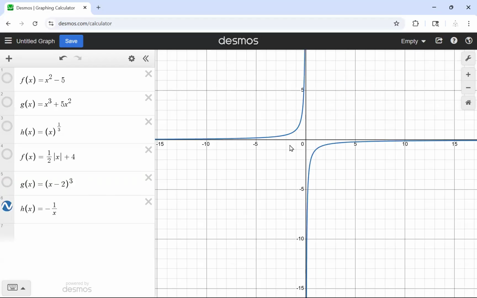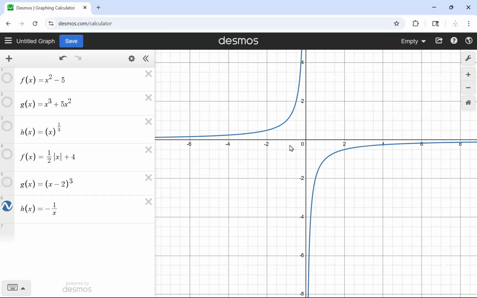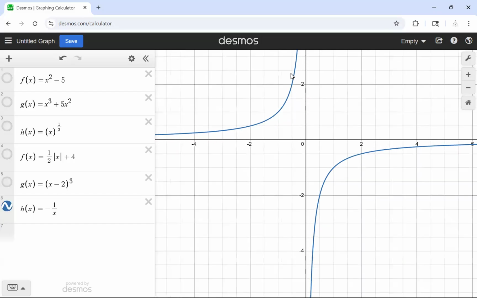And then h of x is equal to -1 over x. Well, that is symmetric through the origin. If you look at every single point, like -0.5 comma 2, if I go through the origin, I should get a positive 0.5 comma -2, which I in fact do.